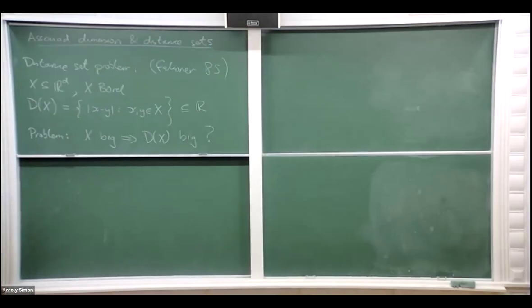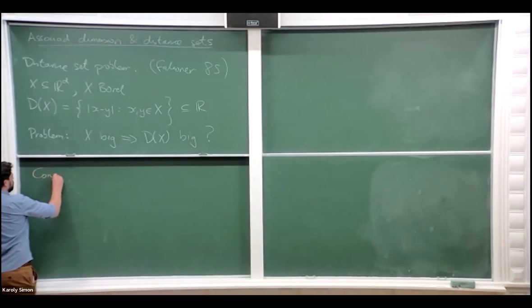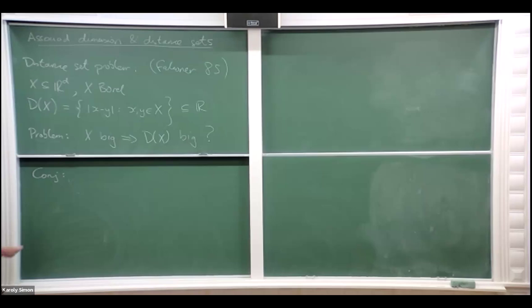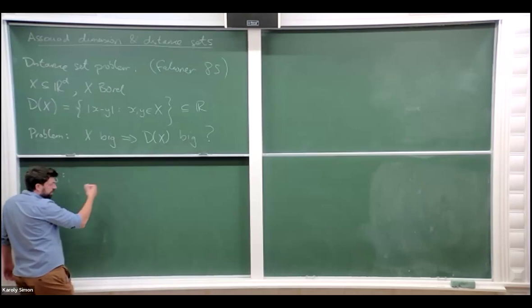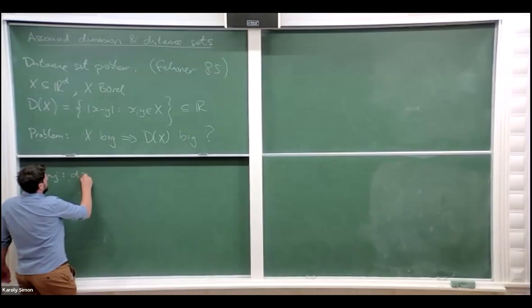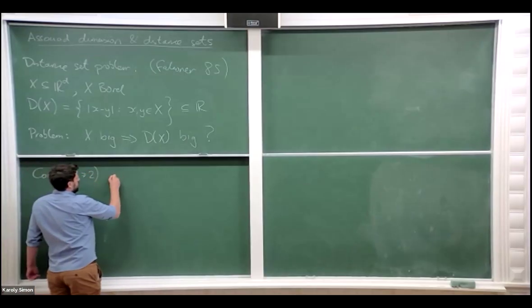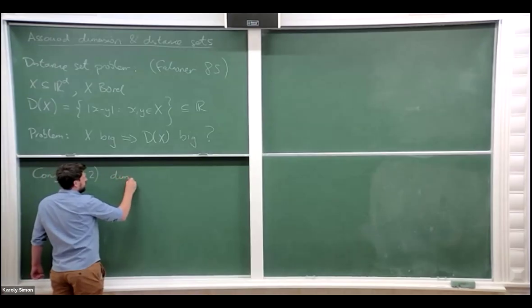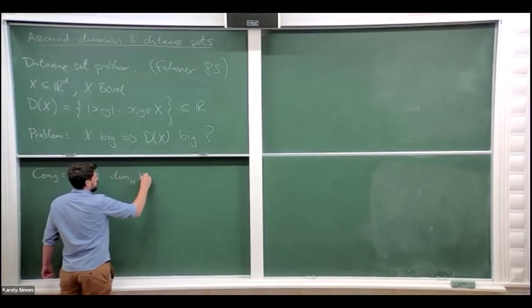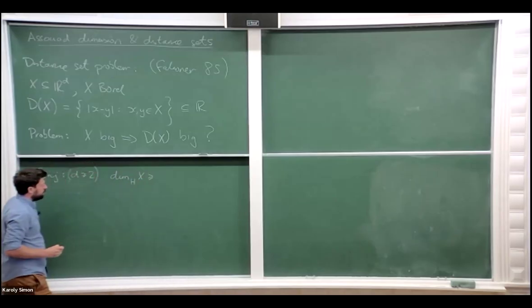So let me give you a precise version of the problem stated as a conjecture. I'm now going to quantify big in terms of dimension. So this is a conjecture. It's open as long as d is bigger than 2. So the conjecture is that if the Hausdorff dimension of X is big, what does big mean?